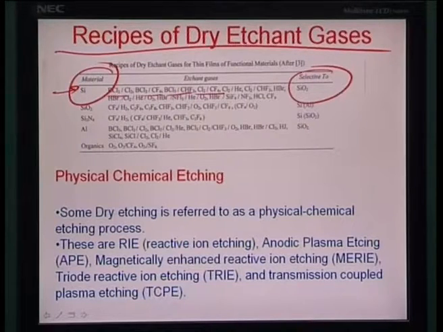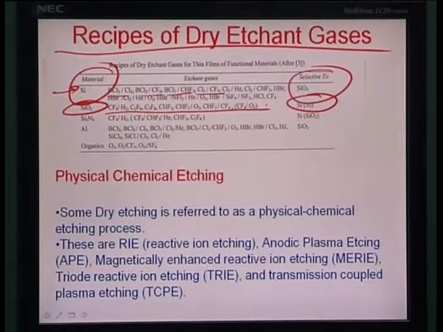If you have to remove SiO2 selectively to Si or aluminum layers, there are other gases used. This table is a kind of complete recipe of dry etchant gases available for thin films and functional materials, which can use either chemical or physical processes to remove the material.